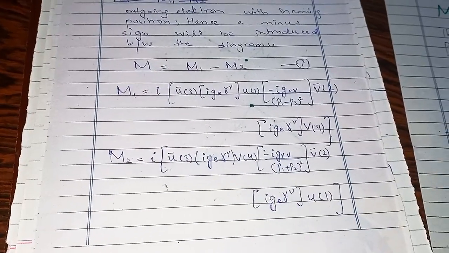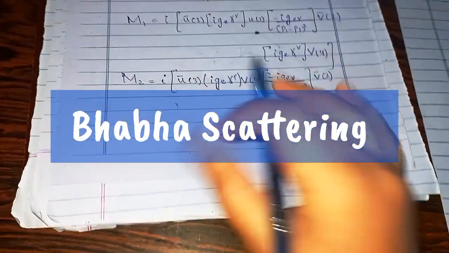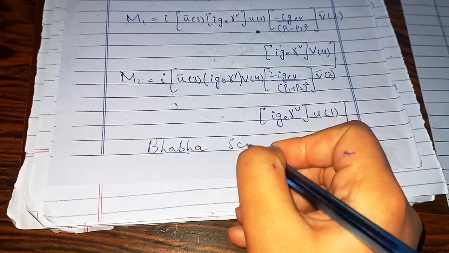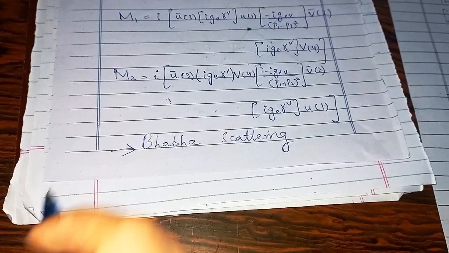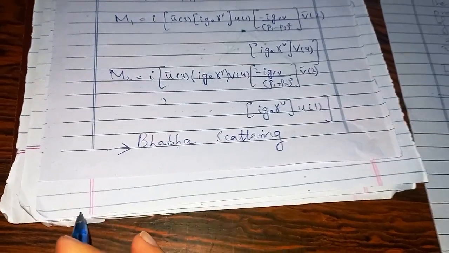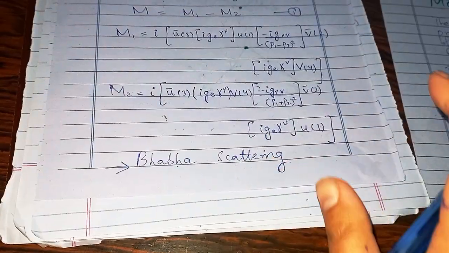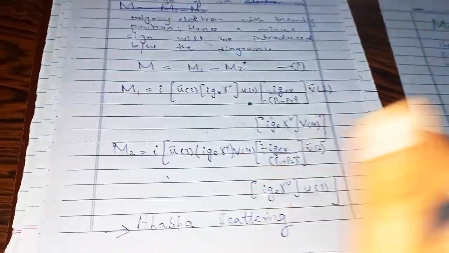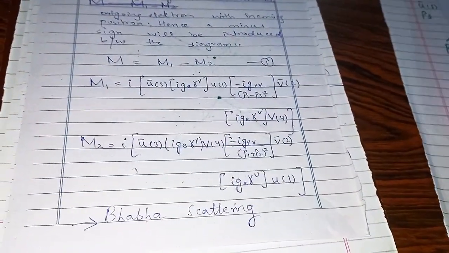The interaction between electron and positron is called Bhabha scattering. They are using the scattering word as well, so you can use scattering for this. Okay, Bhabha scattering or Bhabha interaction. I don't know how to pronounce it, I'll see how to, but for now, forgive me. We can write the final expression by just putting the values into this expression, and we'll get the final result.